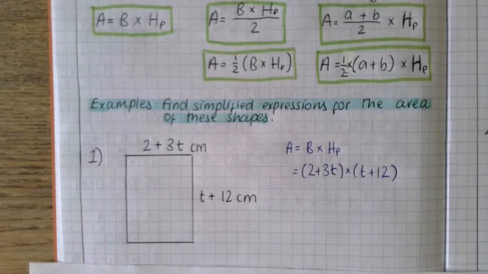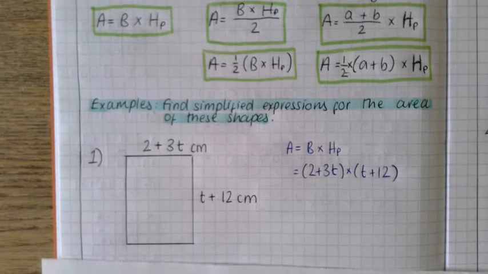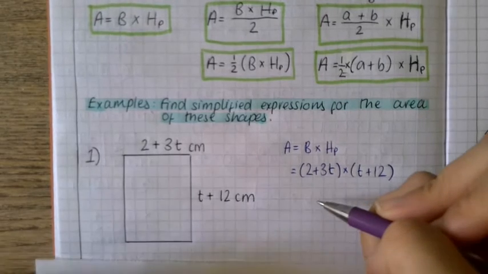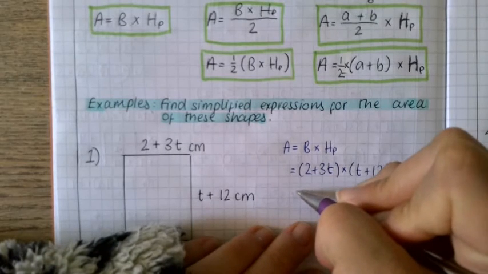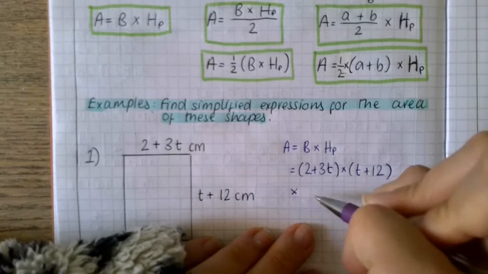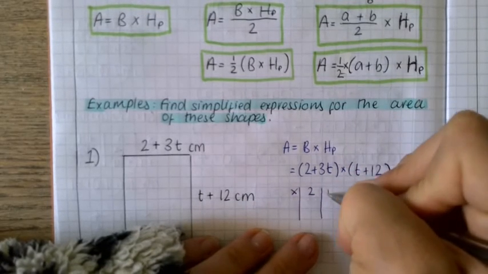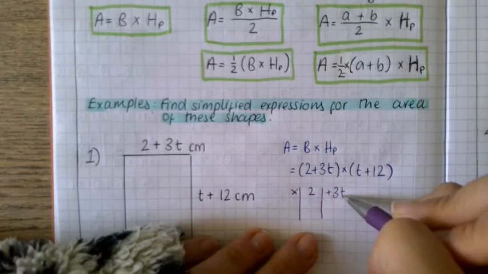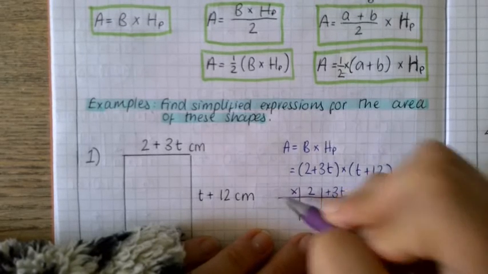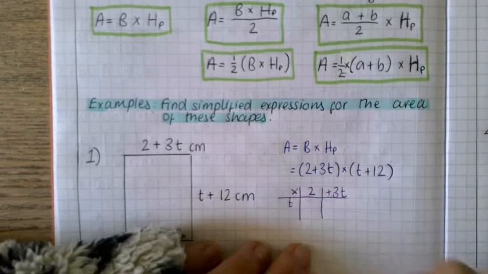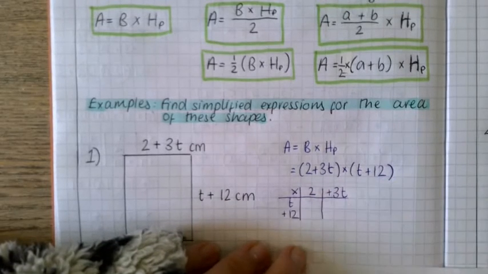Now we have been using grid method to do this, so I'm just going to do my grid method. I'm going to do it in a different colour. So my grid method will be I'm multiplying 2 and positive 3t by t plus 12.